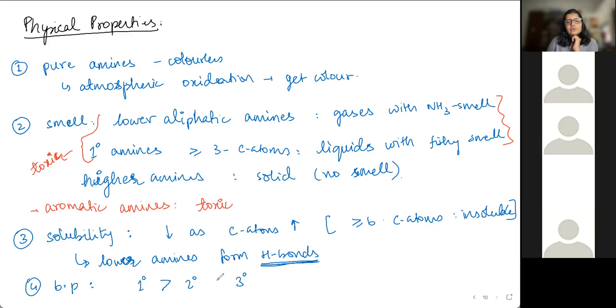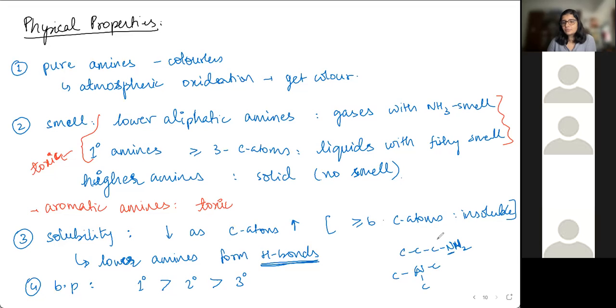boiling point. So another way you can look at it: hydrogen bonding is one factor. Another factor is branching. Suppose I have propanamine, my primary amine is going to look like this, but my tertiary amine is going to look like this. Basically we increase the amount of branching, right? And as you said, primary amine has NH2 over here, more scope for hydrogen bonding because there are more hydrogens attached to nitrogen.